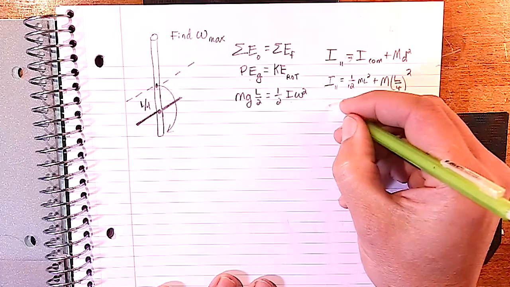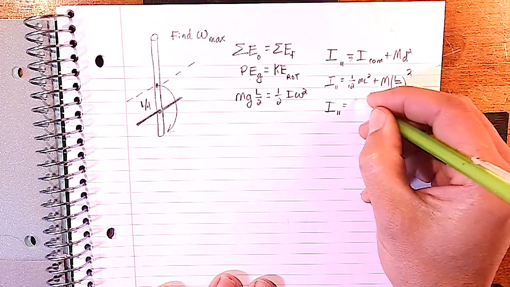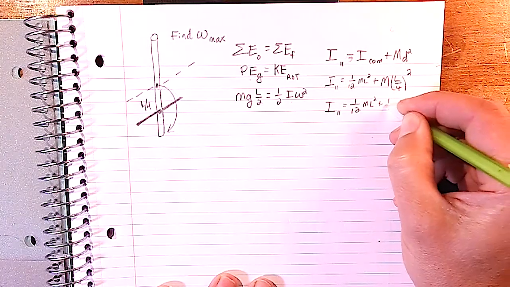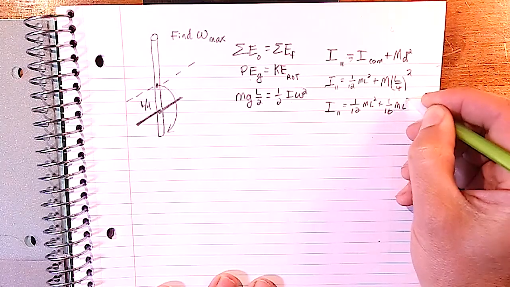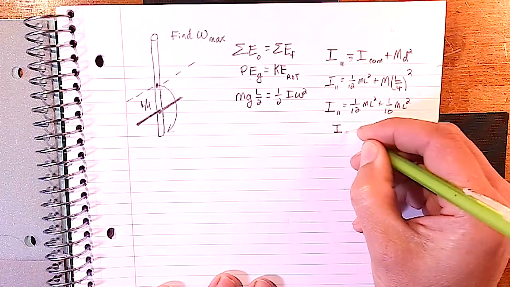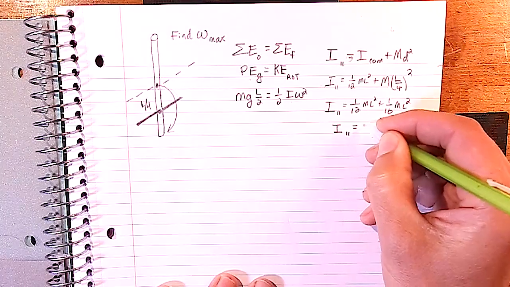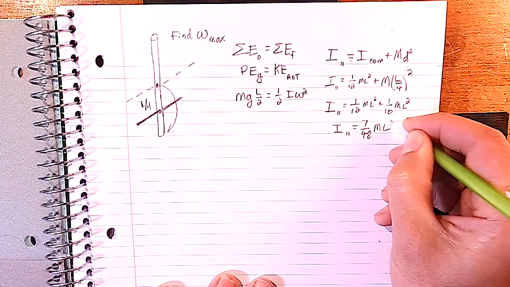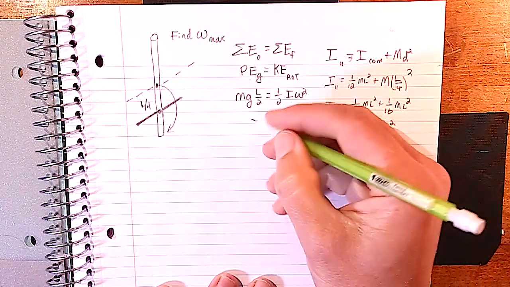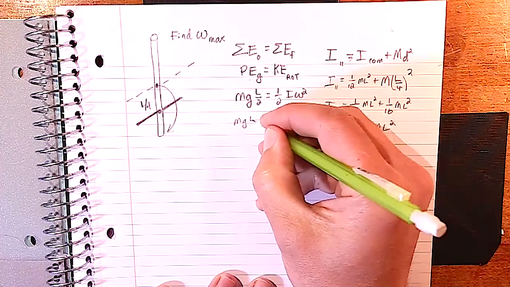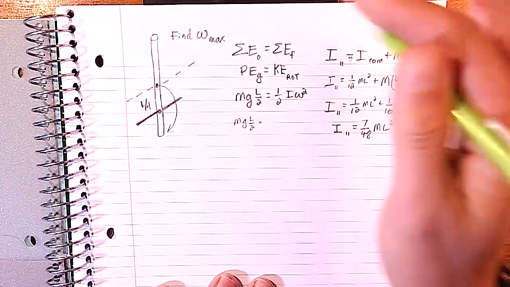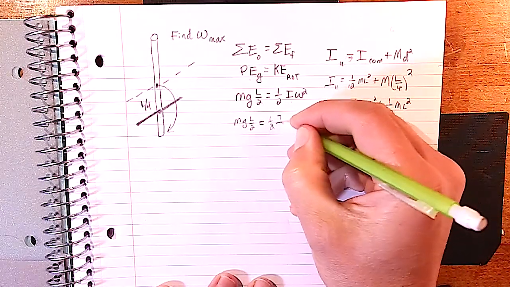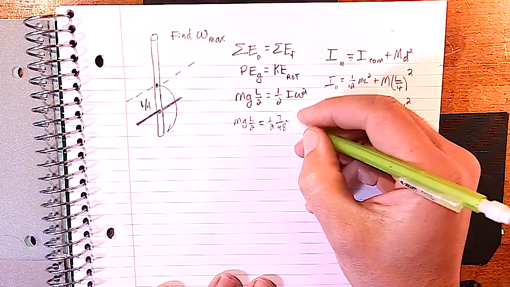So that becomes I parallel equals 1/12 ml squared plus 1/16 ml squared. And if we do the fractions there and find a common denominator, that comes out to 7/48 ml squared. So now we can put in our mgL over 2 and sub in for our I, which we just found, which is 7/48 ml squared.